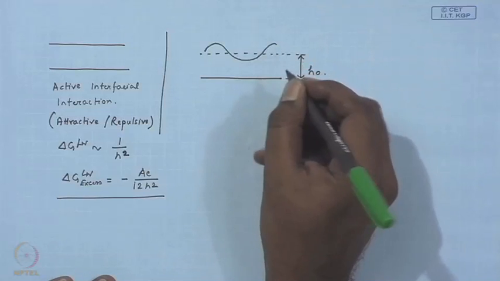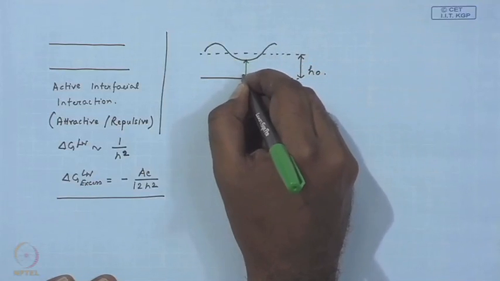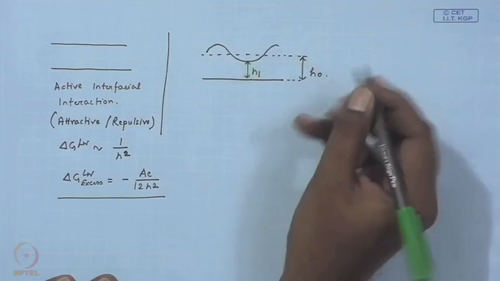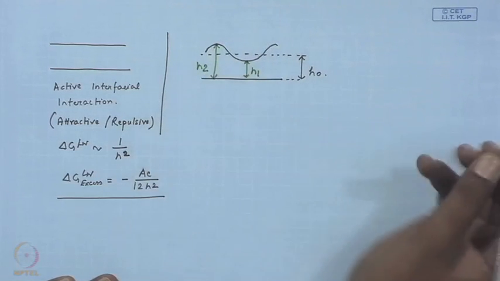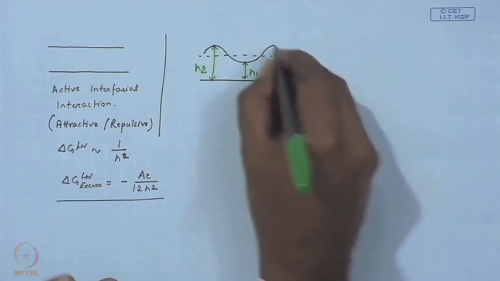You have this instantaneous fluctuation, let us say here the thickness is now h1 and here it is h2. This is at any given instance of time.